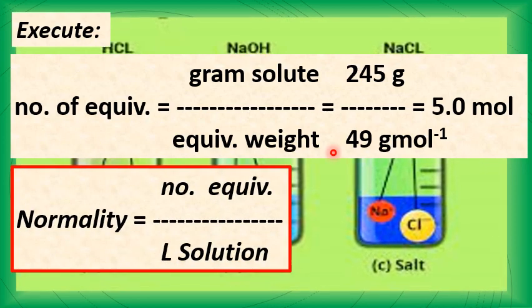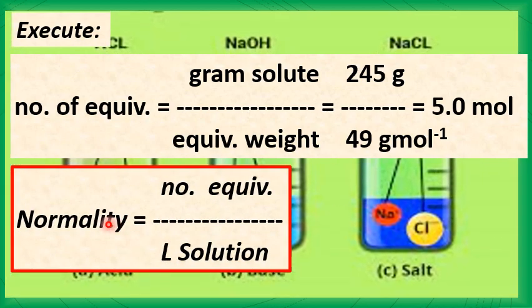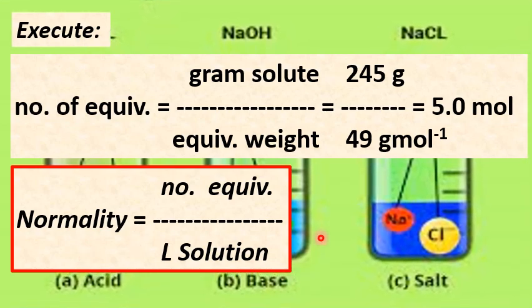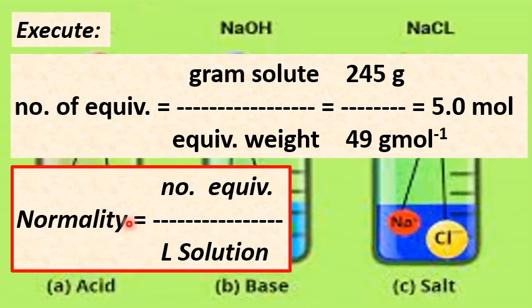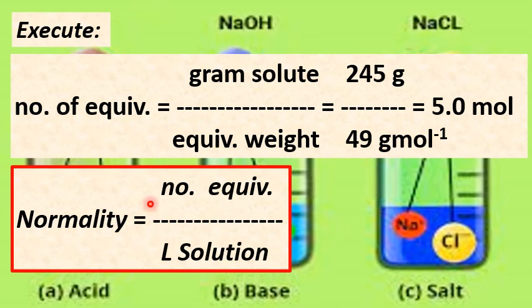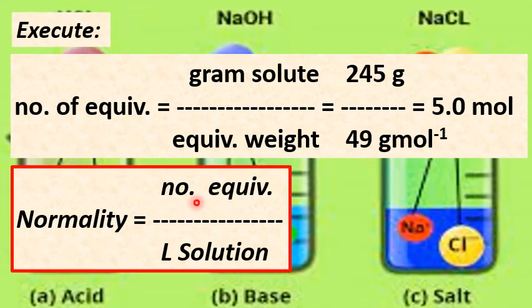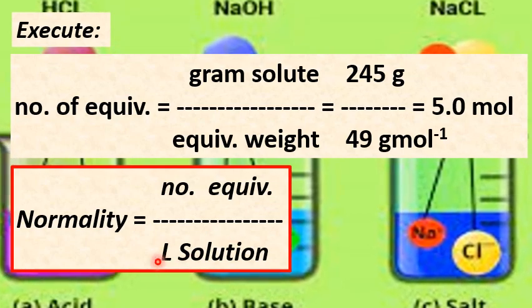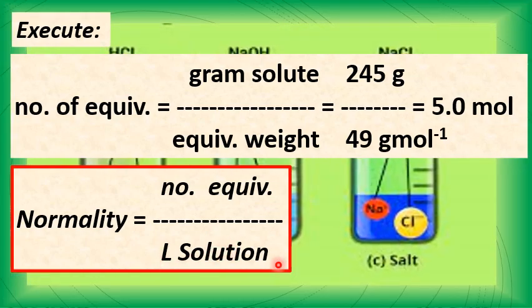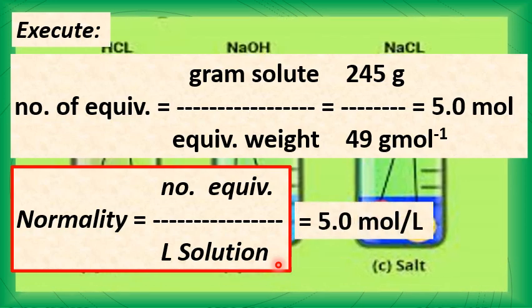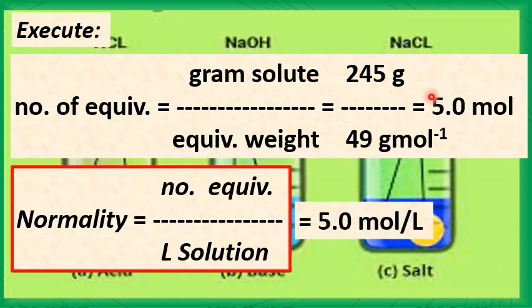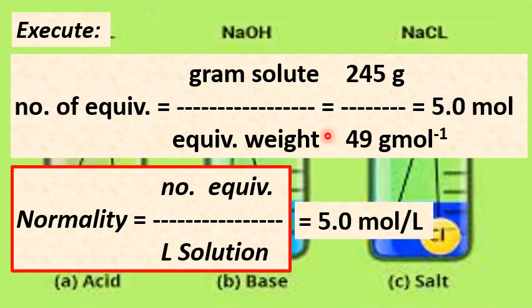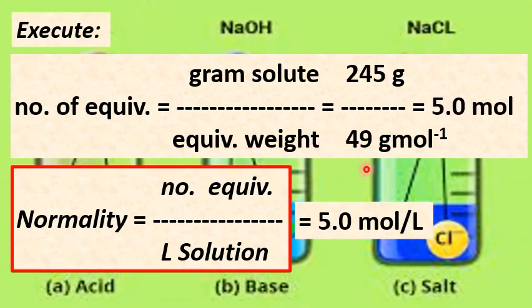And so therefore, we are now ready to calculate the normality of the given solution, whose formula is just dividing the number of equivalents by the given volume of the solution expressed in liters. That is, the number of equivalents, which is 5.0 mole, divided by the volume specified in the question.